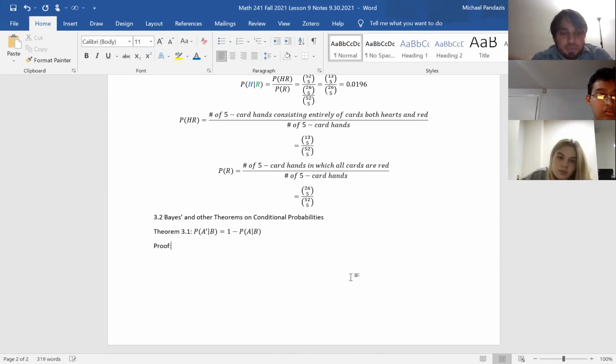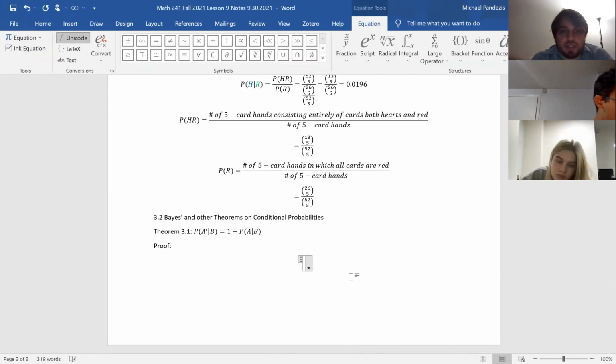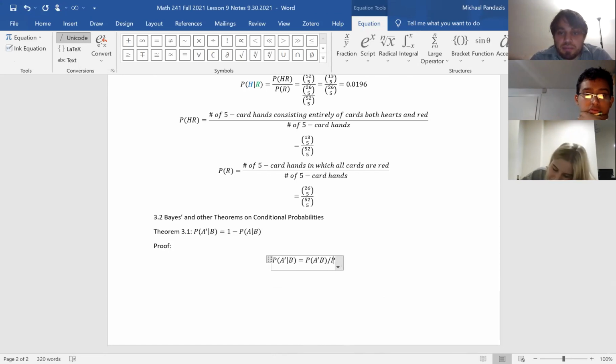And the proof of that theorem is just if you start with the probability of A prime given B, that's equal to P of A prime B divided by P of B from the definition.